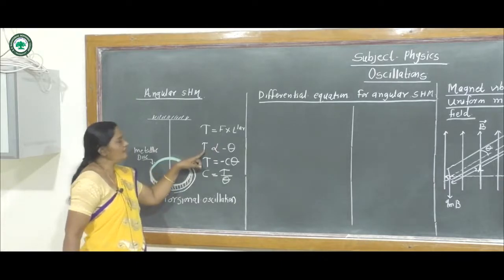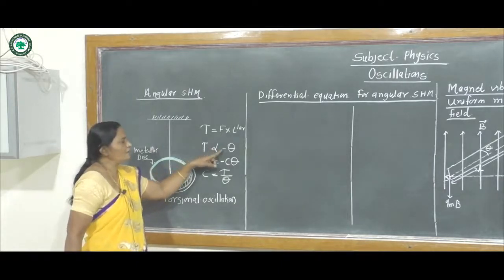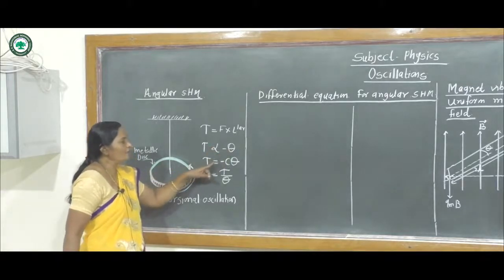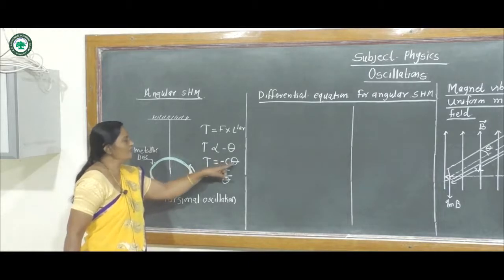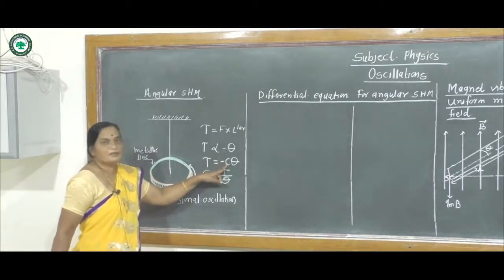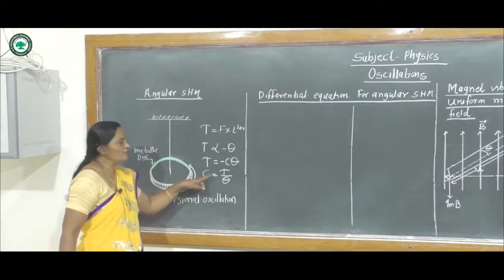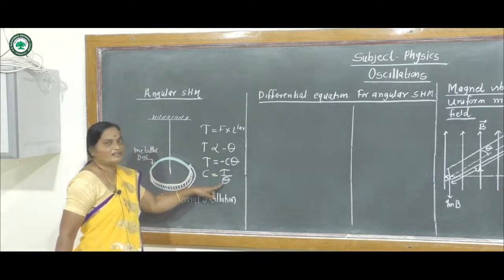Therefore, torque is directly proportional to minus theta. For proportionality, we can write torque is equal to minus c theta, where c is the proportionality constant, and the magnitude of c can be written as c equals torque divided by theta.